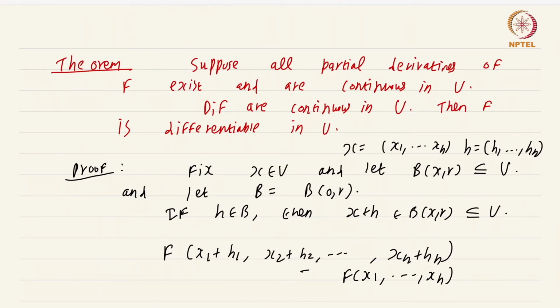Now here is the trick. I'm going to write this difference as a telescoping sum. So that is why you would need that the partial derivatives of f exist throughout U. In fact, you could have just assumed they exist in some open set that contains x and get a local conclusion that f is differentiable at x, but I prefer to make this a simpler statement, but less general.